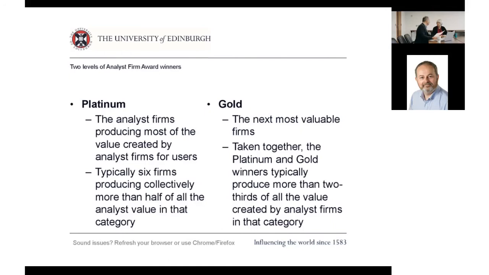That's typically 5 or 6 firms that are leading in the market. And then there's a group underneath them, the gold firms. They're the next most valuable firms. And added together, the platinum firms and the gold firms are producing two thirds of all of the analyst value being created for the participants who are using analyst firms inside that market sector.